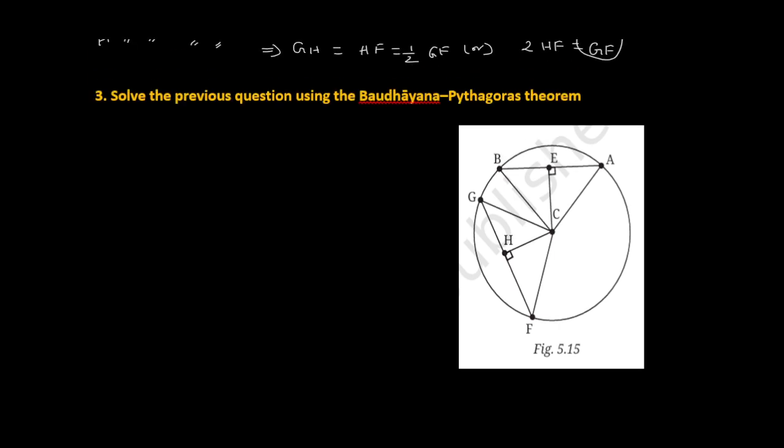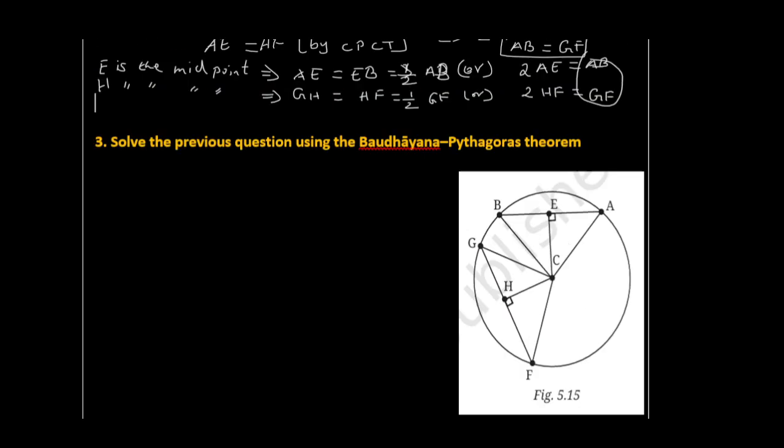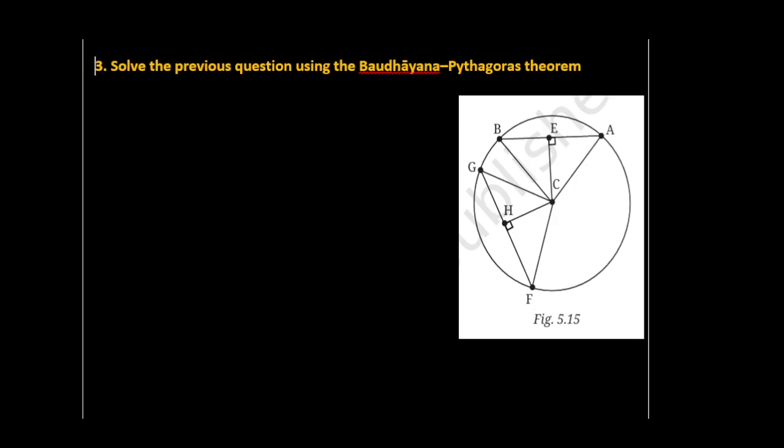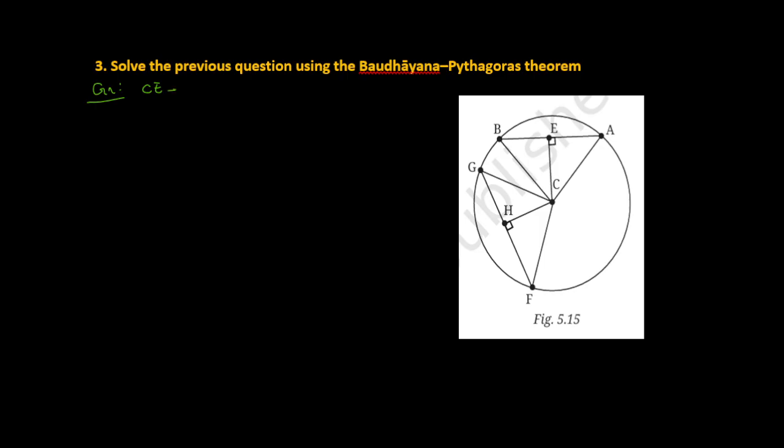Next, for the same question, without using congruency, using Pythagoras, we need to prove this. Once again, the given condition is CE is equal to CH, and CE is perpendicular to AB, and CH is perpendicular to GF.